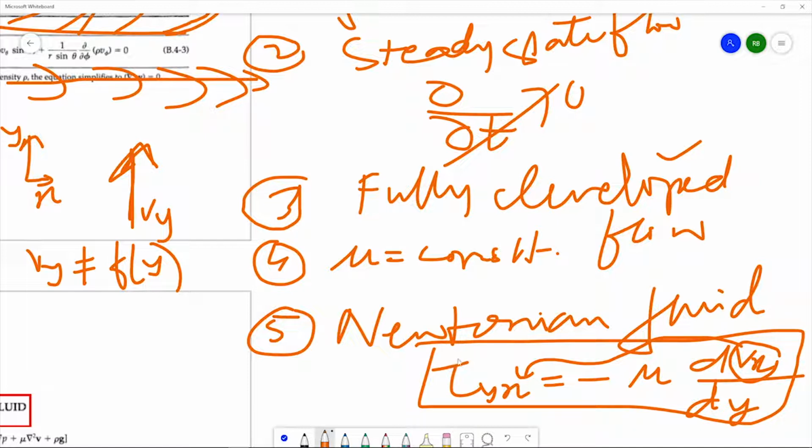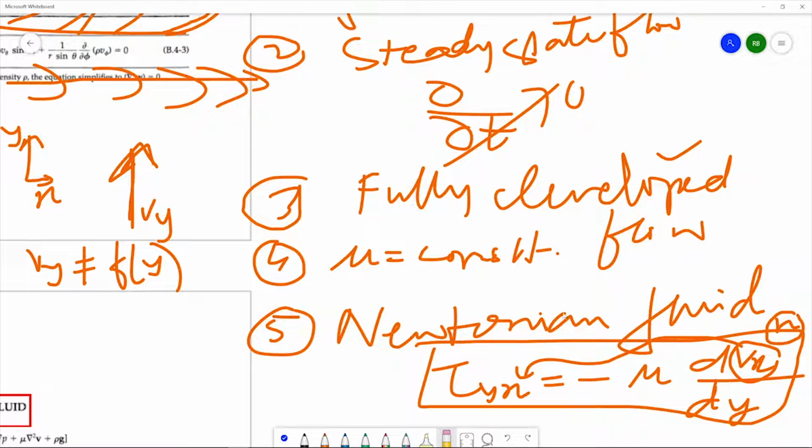If it is non-Newtonian fluid, then we'll have some power here, so it is really difficult. In this course we are not going to study non-Newtonian fluid, so assume that it is Newtonian fluid. Also, apart from these assumptions, you can assume others based on the problem actually.